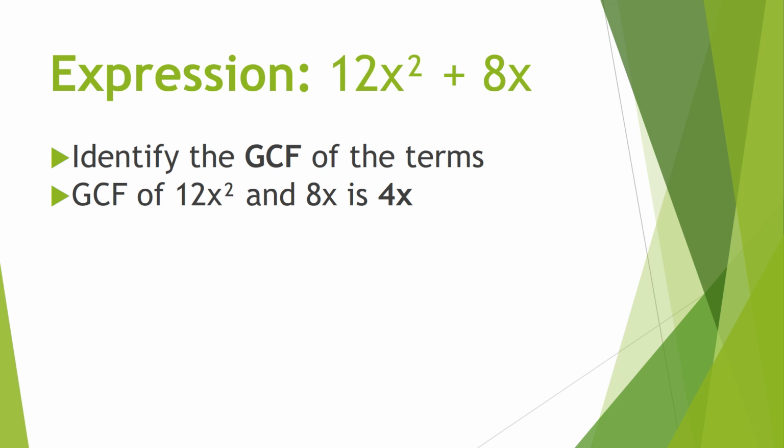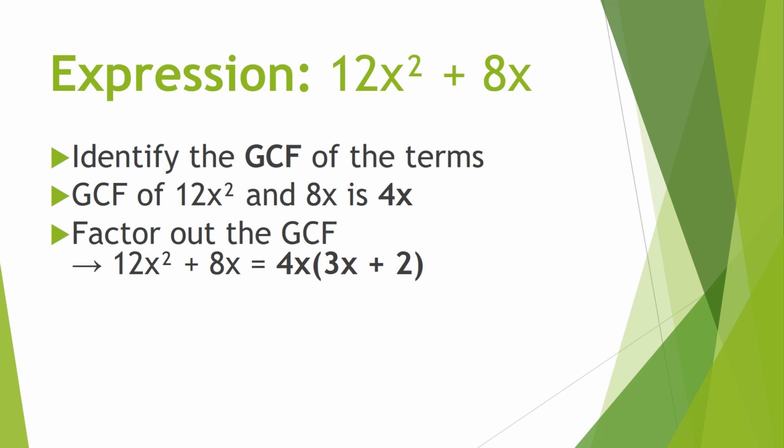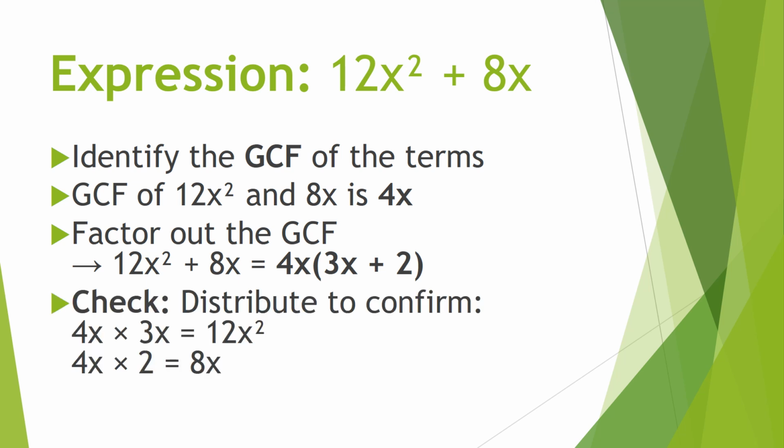So 12, that is 4 times 3. At saka sa 8 naman, that is 4 times 2. So the common is 4 and x. Then factor out the GCF. So we have 4x times 3x plus 2. So that is the answer.